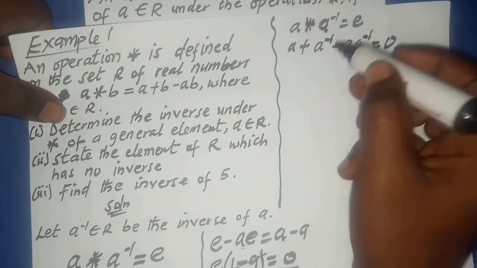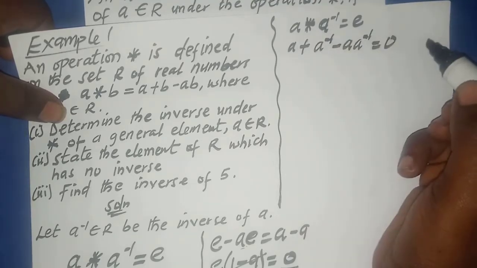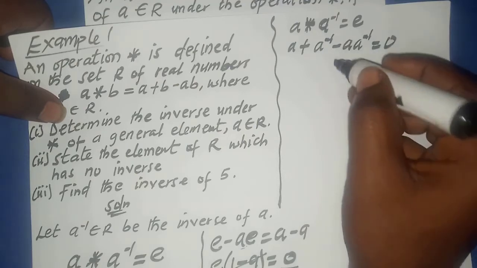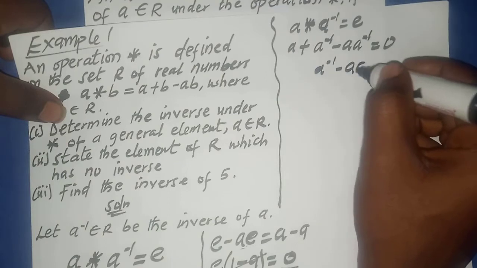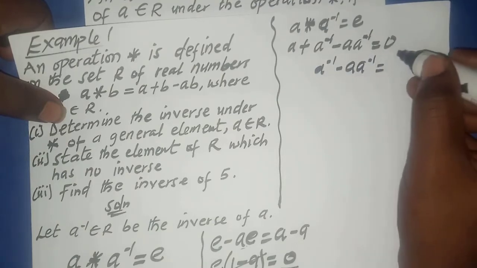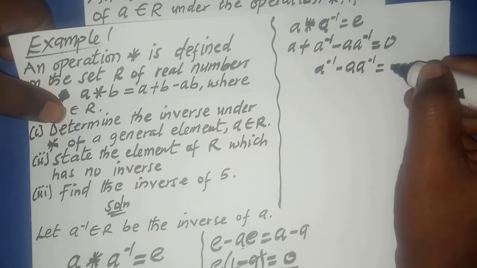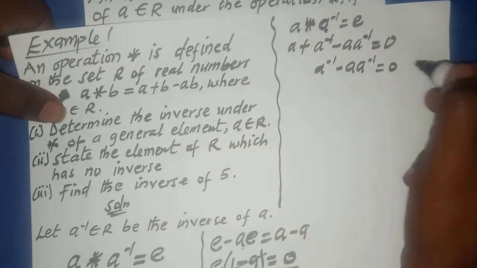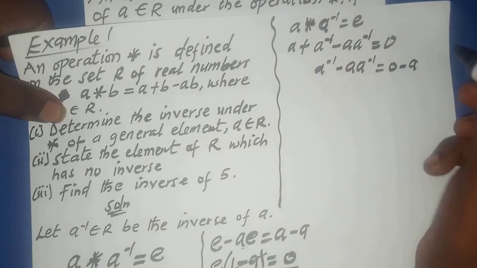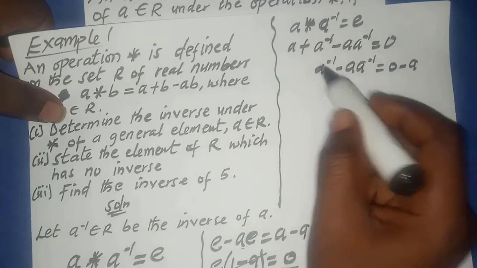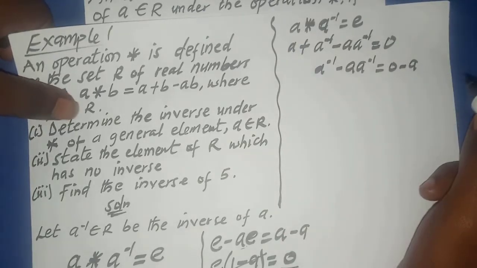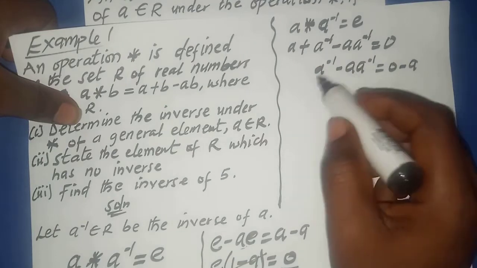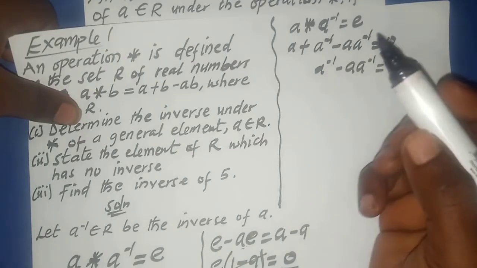Now we want the inverse, so you make the A inverse the subject. So we have A inverse minus A times A inverse is equal to 0 minus A. I'm grouping terms, these two terms on the left side, and the A goes to the right side. It's positive here, when it comes over it becomes negative. These two terms have a common factor, which is the A inverse.